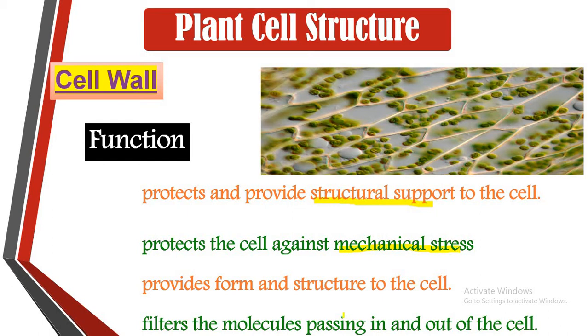Also, it controls what can enter the cell and what can get outside. So it acts like a filter. It filters the molecules passing in and out of the cell.